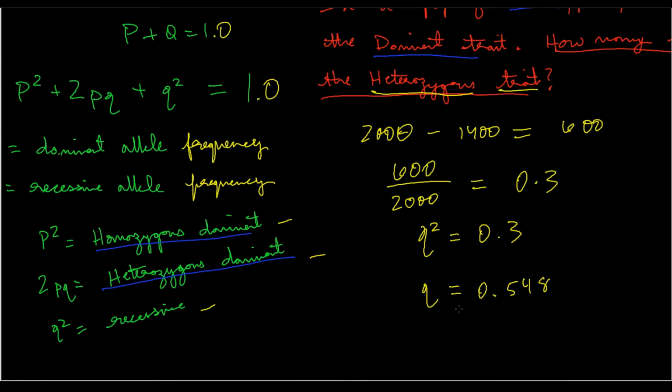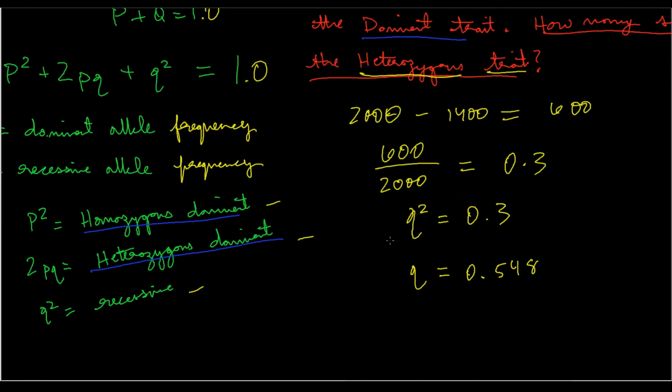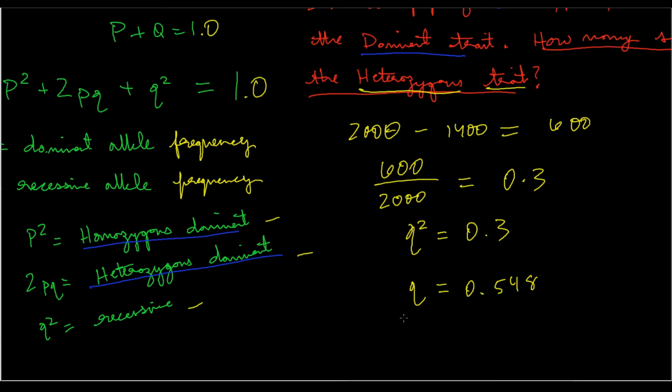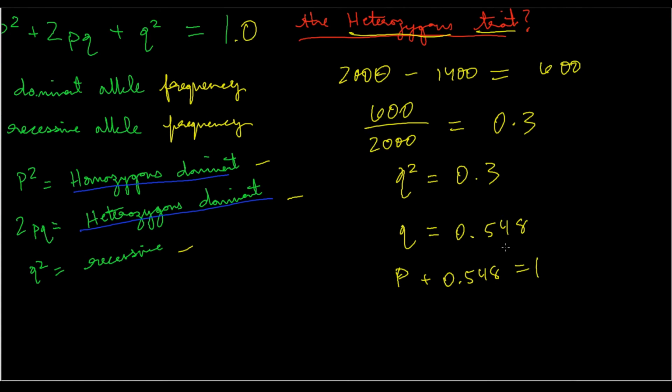Now using this, we can actually find p. So let's go ahead and do that. p plus 0.548, which I just plugged in for q, is equal to 1. If we move this over and subtract, p should equal 1 minus that, which is 0.452.